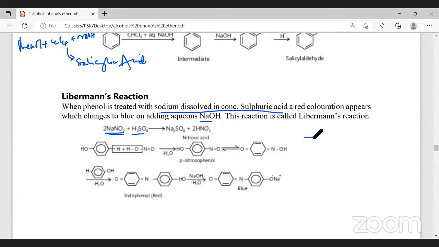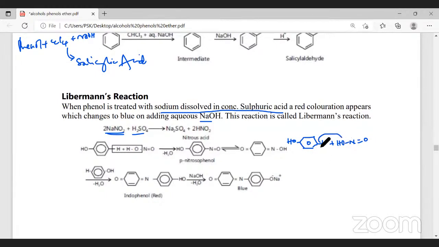Phenol, we can represent it like this. This is OH, phenol, and we'll show one of the hydrogen atoms here at para position. Nitrous acid, I can write it as OH and N double bond O. HNO2 is called as nitrous acid.